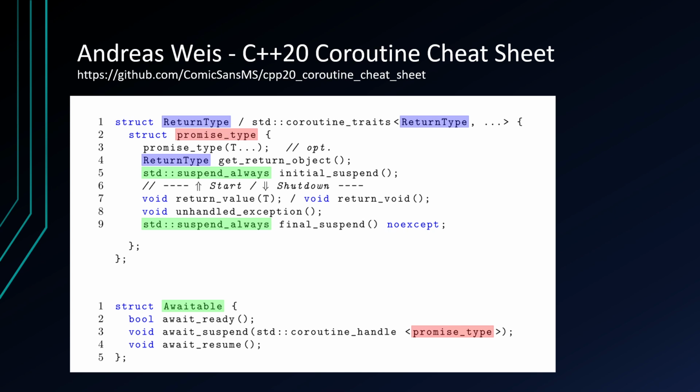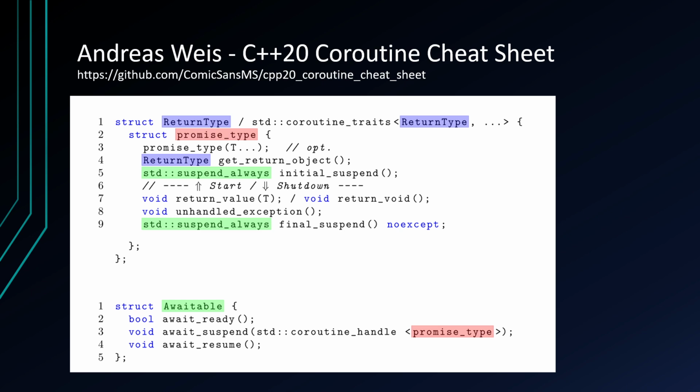We're not going to go into the details of it, but the point of coroutine traits is to allow you to adapt an existing type for use as the return type from a coroutine without changing that existing type. So for instance, if you wanted to adapt a return type for an existing library, which you don't have the source code, you just have header declarations, you could make that return type usable as a coroutine through coroutine traits.